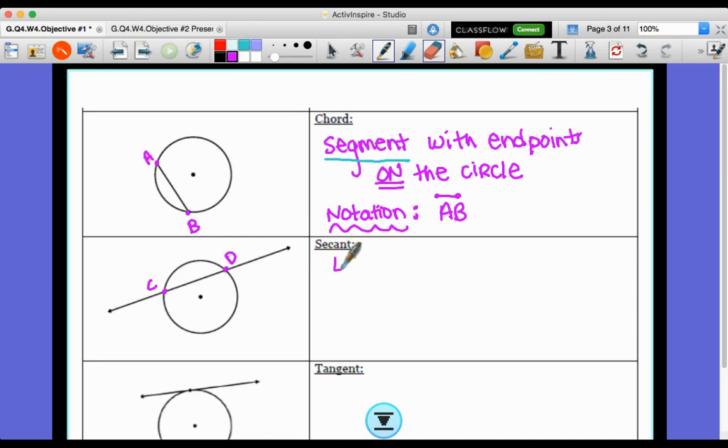A secant is a line that passes through 2 points on the circle.